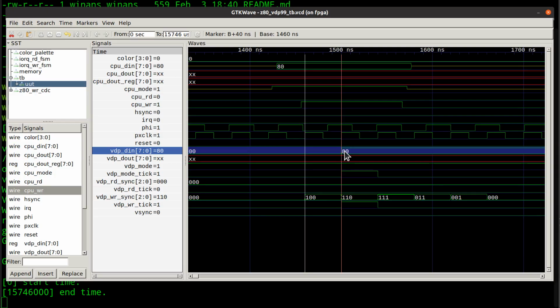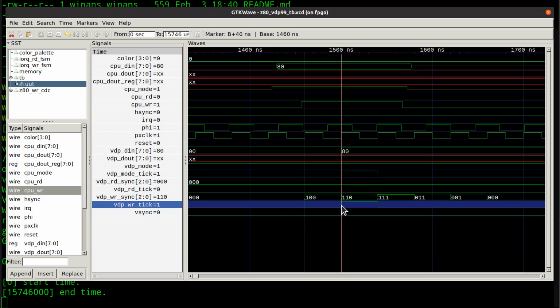I could false trigger this if I want to, provided that it's stable when the VDP write tick signal pulse falls after this rising edge right there. Okay? It's okay. It could be 22 over here. Who cares?